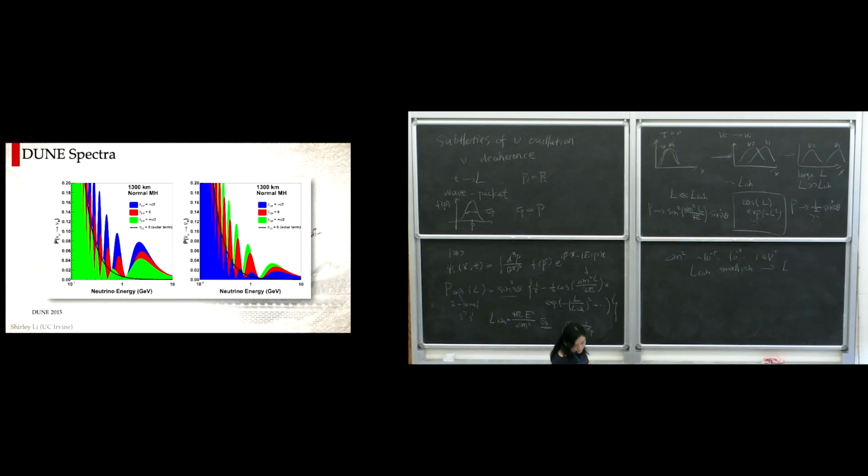Okay, so what's the question? The question is: is this real? Is this correct? How will we know it's correct? We want to know what L coherence is. Looking at this expression, we want to know the E squared of the neutrinos, and that's easy; we always know what that is. We want to know the potential delta M square, which let's say is 1 eV squared.